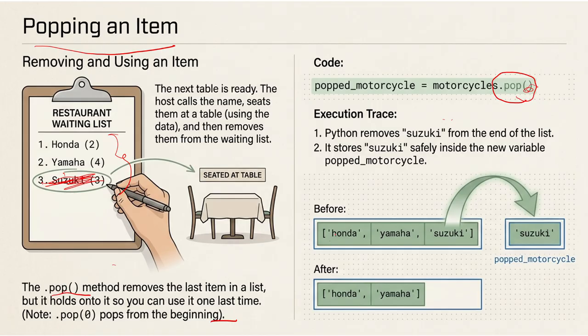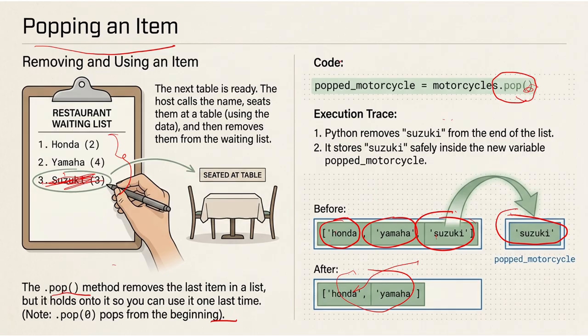If you see over here, before, Honda was there, Yamaha was there, Suzuki was there, and now they have called list dot pop. So this Suzuki got removed from the list, but it got stored in a variable, which you can reuse later.